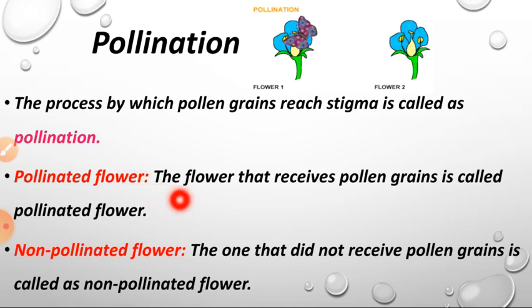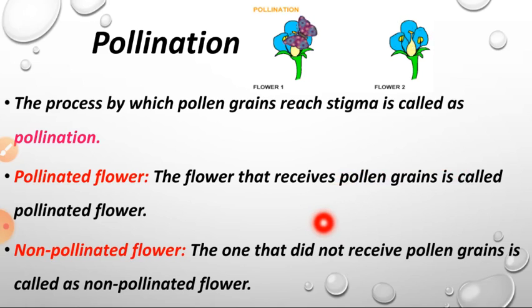Pollinated flower. The flower that receives pollen grains is called a pollinated flower. If it did not receive pollen grains, then that is said to be a non-pollinated flower.